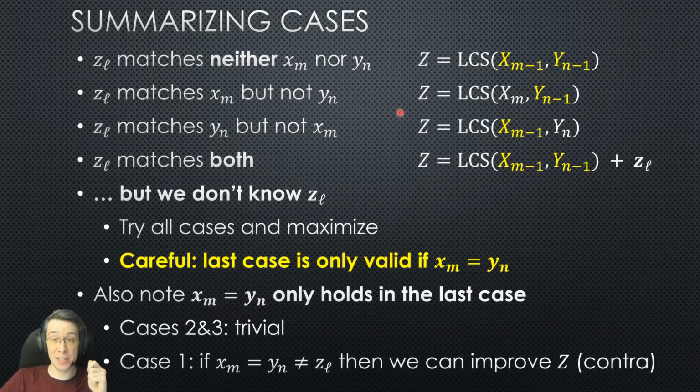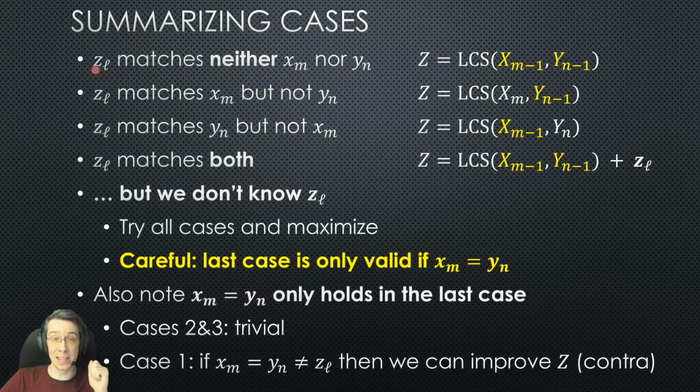In each of these 3 previous cases, x_m is actually different from y_n. Let's argue that that's the case. So in cases 2 and 3, where z_l matches one of x_m and y_n but not the other, this is trivial, because if x_m was equal to y_n, z_l would match both of them. So in each of these 2 cases, it's easy to argue that x_m is different from y_n. But what about here? z_l matches neither x_m nor y_n.